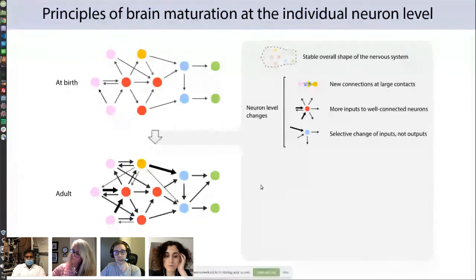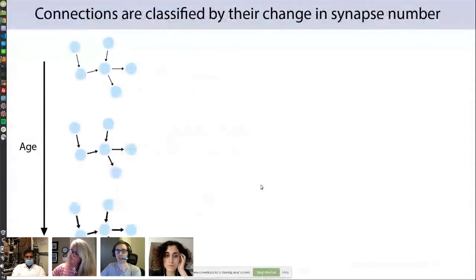So to do this, we classified connections by their stability across individuals and development. So you're seeing a toy circuit at 3 different ages. And some connections, the one shown here, are stable, meaning that we see them in every single animal. So some do grow a bit stronger, but that's expected because we're getting a large addition of new synapses.